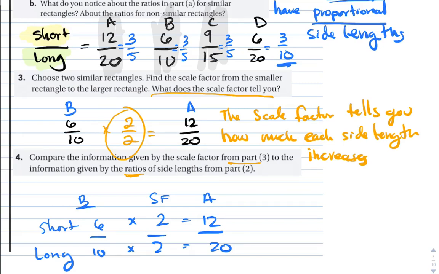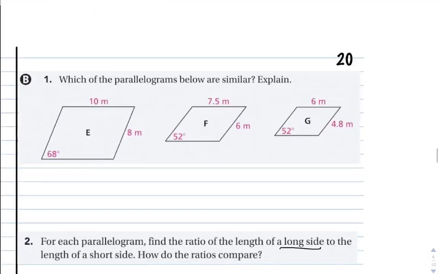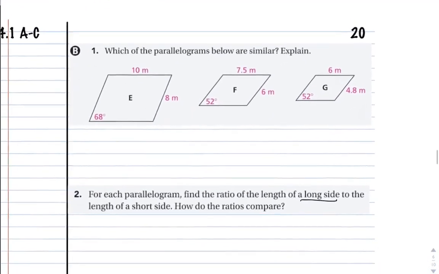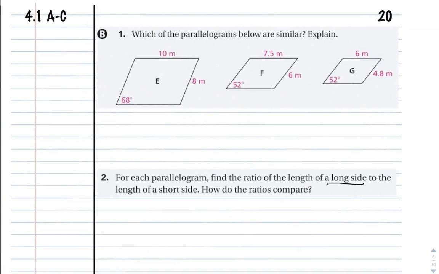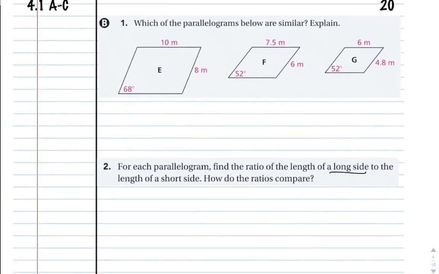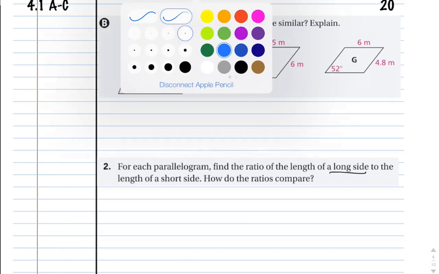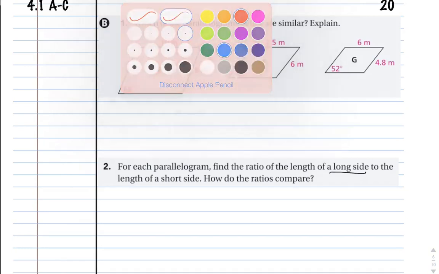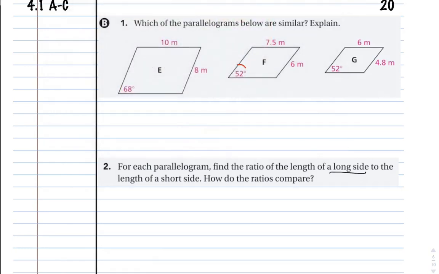Okay. All right. Part B, I'm going to go through this quickly, just so you guys have enough time to see everything. It says which parallelograms below are similar. Again, you can pause it and go through it, but for the sake of time, based on the length of this video, I know it's going to be a while. So I know that this one and this one are the same.